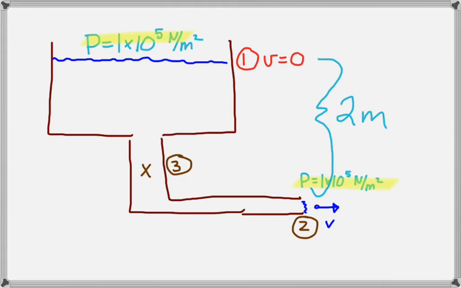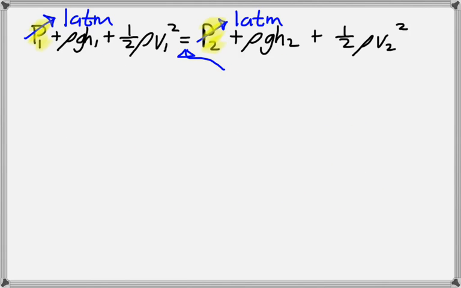Yeah, I would make that height 0. And that way this height up here at point 1 would be 2 meters. And this is usually the case, when we have a height, make your lowest height 0, make your life a little bit simpler. So let's say that the height at point 2 is 0. Okay, so now my equation becomes a little bit simpler.